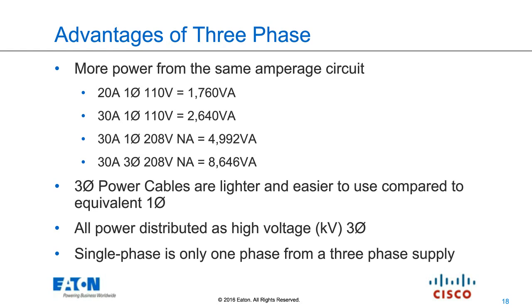The reason being, to get the same amount of power, you need a lower amperage. Because you have lower amperage, the conductor, the wire size, is smaller and they weigh less. I mentioned all power is actually distributed as three-phase voltage, and your single phase is really just using one or two phases of that three-phase system.